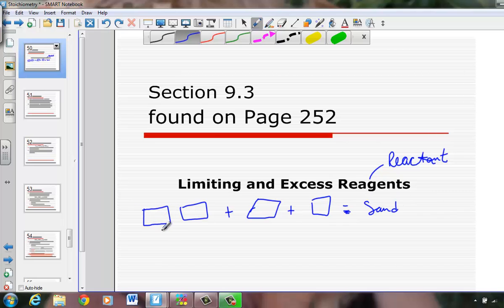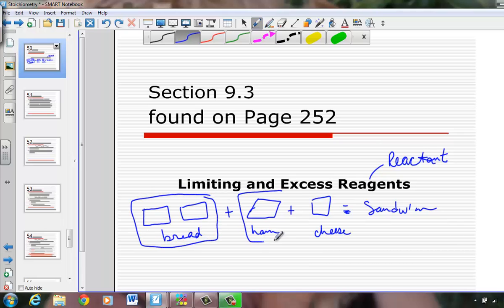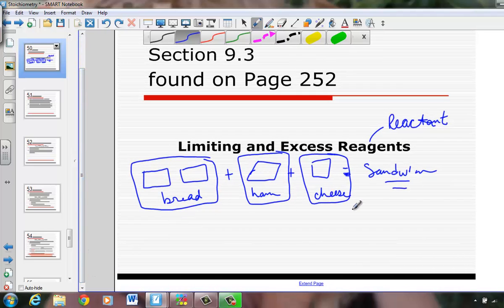I have 2 slices of bread, a slice of ham, some cheese to create 1 sandwich. All right, so each one of these ingredients is necessary in just the right ratio to create what I would call my ideal sandwich.